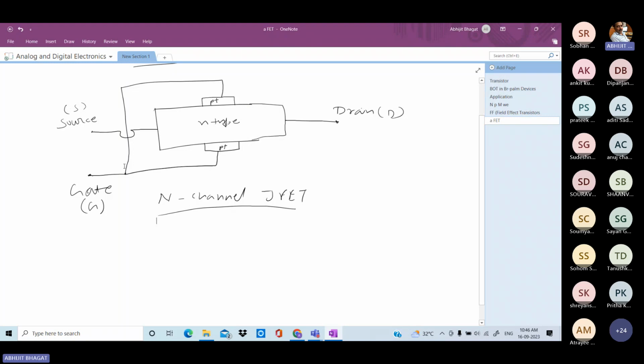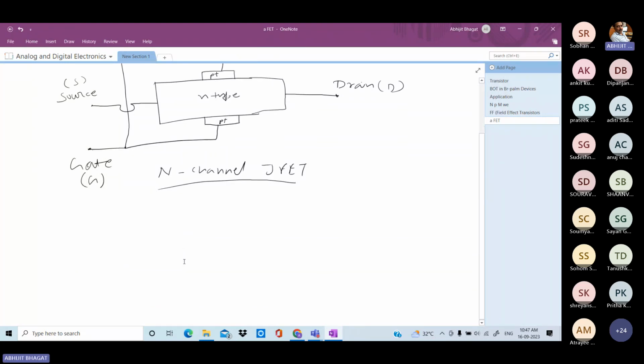So this is the construction of N channel JFET. One single semiconductor bar is moderately doped with N-type impurities. On this bar, two P plus regions are created, as in the figure. One terminal from the bar is source, the other is drain, and by joining the two P plus regions, the third terminal will be gate. So these are the three terminals: source, drain, and gate.